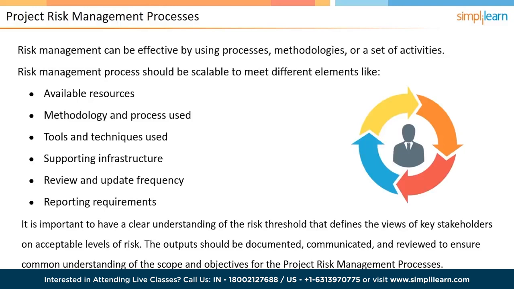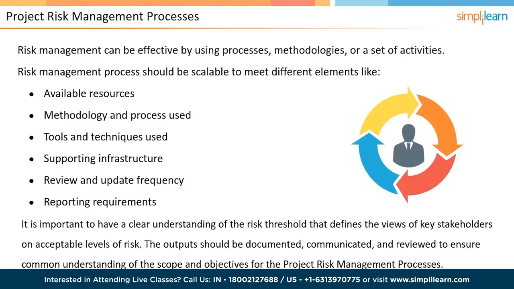Since different projects warrant different levels of risk management application, some of the actions required for tailoring are defining objectives against which risks will be identified, defining how the elements like resources, methodologies, tools, infrastructure, and communication are scalable for the project, and defining risk thresholds, tolerances, and the assessment of framework.